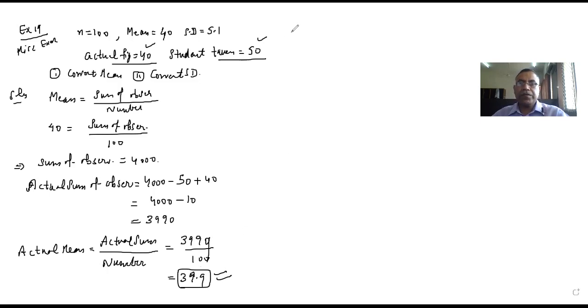For the standard deviation, this is the second part. Correct standard deviation.